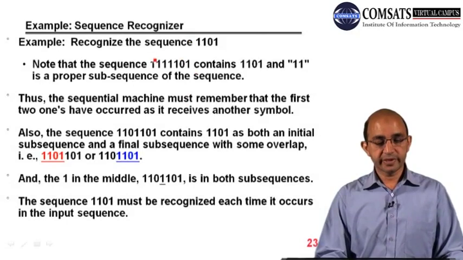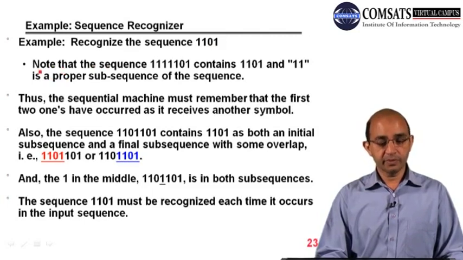We have to design a circuit that can recognize the sequence 1 1 0 1. There are a few points we have to keep in mind. If we have this string of zeros and ones, 1 1 1 1 1 0 1, you can see it contains 1 1 0 1, and 1 1 is a proper subsequence.